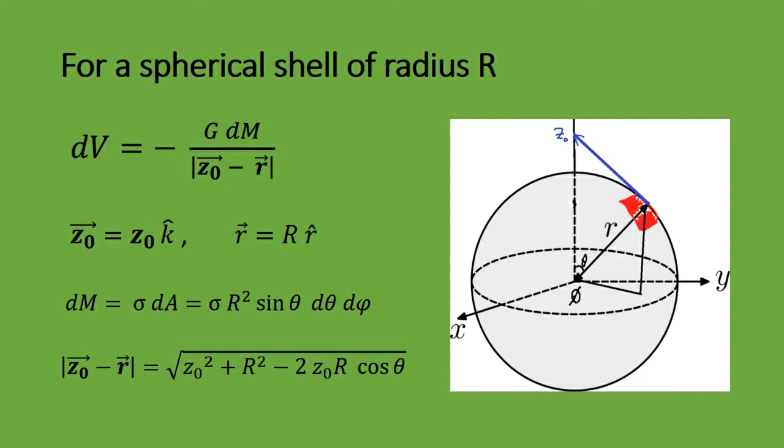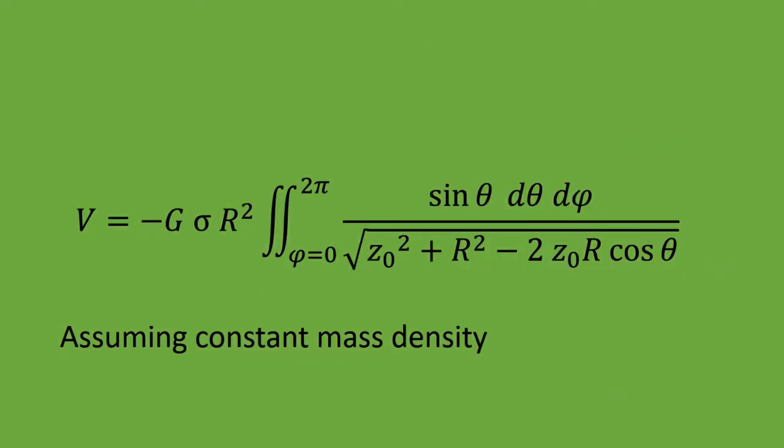So I'm going to put all that information back in the gravitational potential and calculate the total potential through integration on the surface of the shell. Because this is a shell, we are integrating over the surface area. So putting everything there, the total gravitational potential should equal minus capital G.